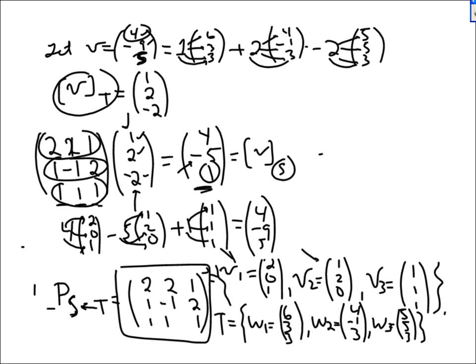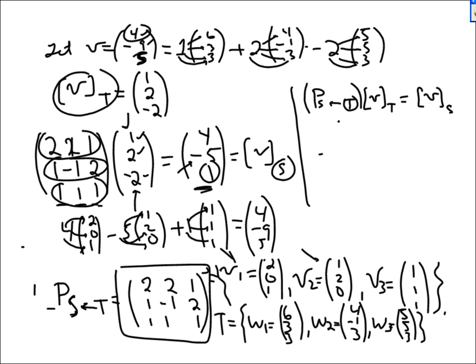I'm so sorry. But again, all I'm saying is if you take the matrix that takes things from basis t to s, so you multiply it by something with basis t, and you get back the coordinates of vector v with respect to s.